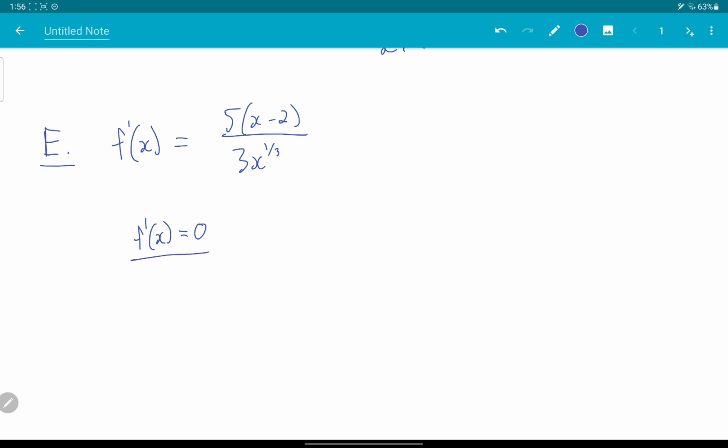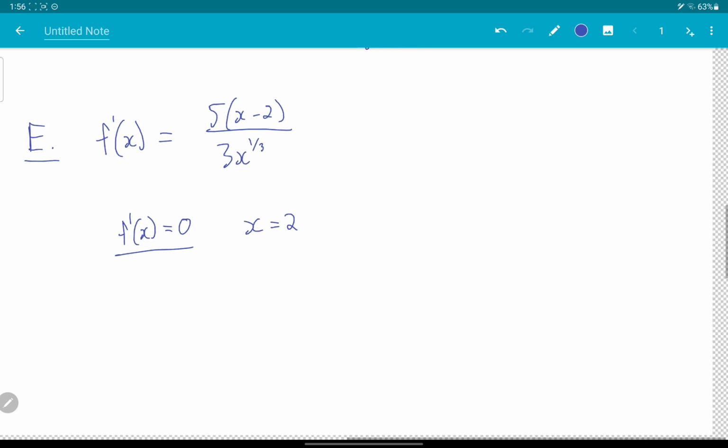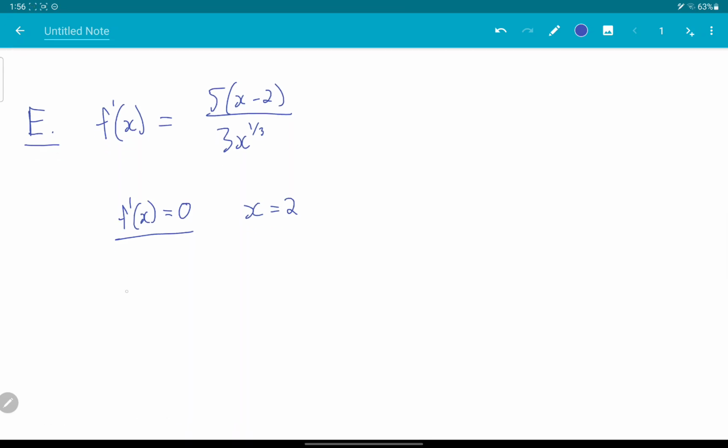And what do you get? You get that x must be 2. And f prime of x does not exist. What does that give me? That is when you have division by 0 here. So x equals 0.